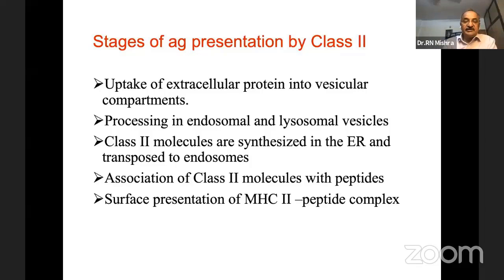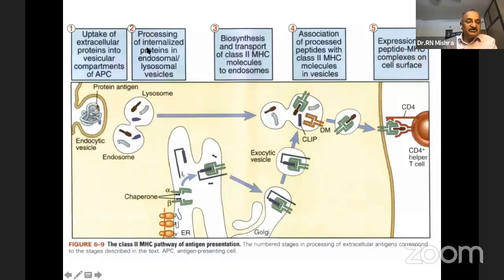Diagrammatically, imagine this to be a cell, and a protein antigen is engulfed by the cell. There are proteases in the lysosome which join with the endosome and digest it.